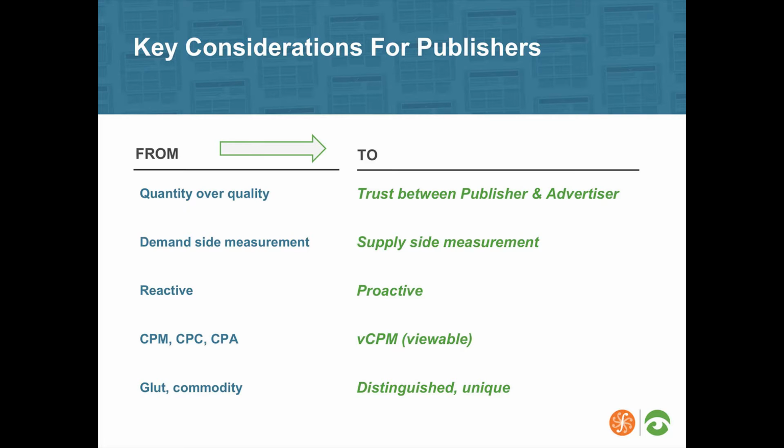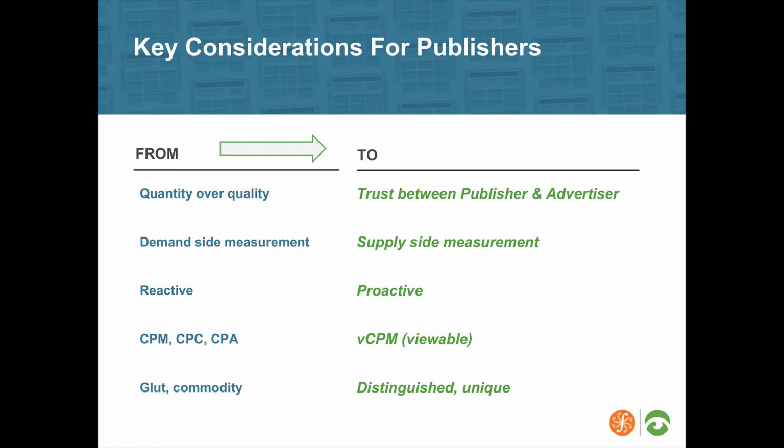So we want to move away from where today some people may make the case that we've got quantity over quality in mobile, to a world where trust between publisher and advertiser is key. We'll begin to provide solutions for measuring viewability from the supply side, not just after the fact from the demand side. We'll want to take more proactive viewability strategies and not reactive post-campaign fire drills.